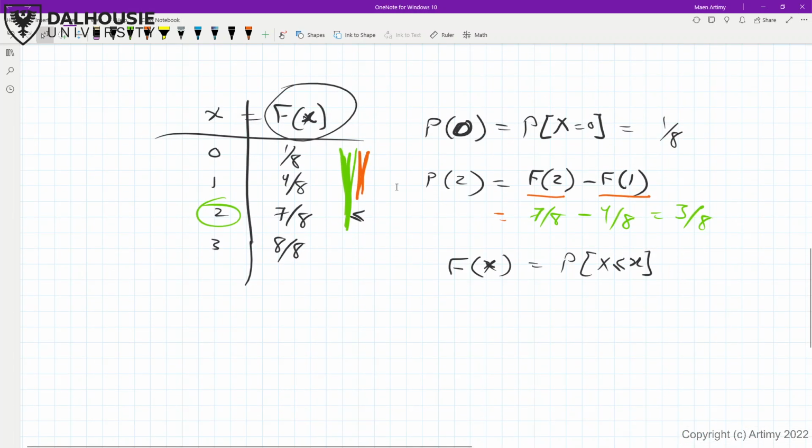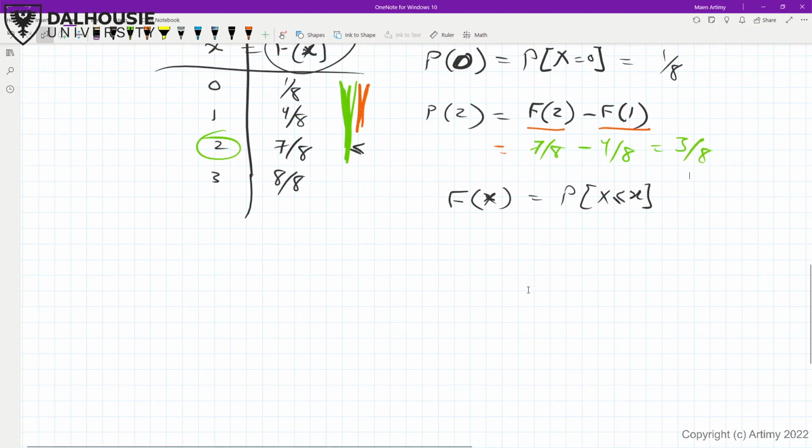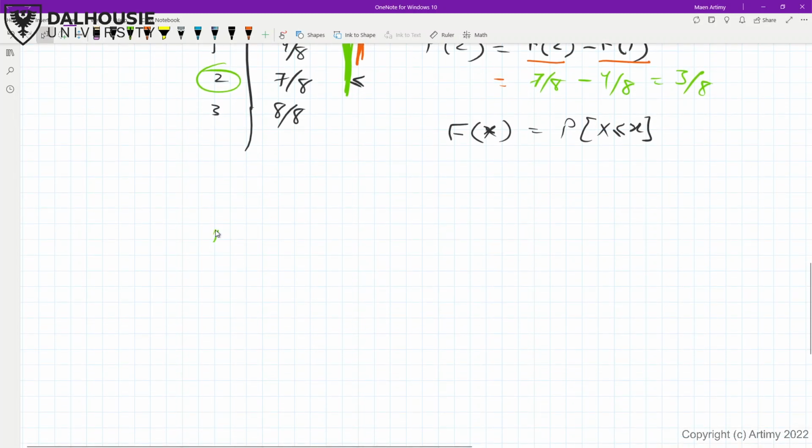So that's one of the things that you need to do very often, is to find the probability of x equal something by using the CDF. The CDF defines x less than or equal to something, right? I don't know if you get this idea quickly, but in a general form, the probability of x, p of x, is f of x minus f of x minus 1, right?